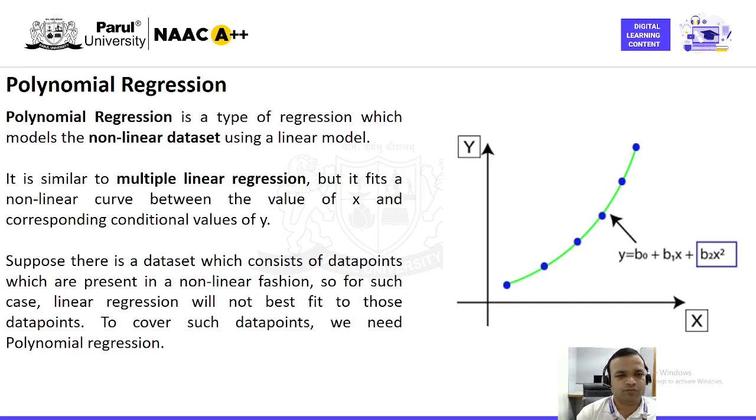Next one is polynomial regression. Polynomial regression is a type of regression which models a non-linear data set using a linear model. It is similar to multiple linear regression, but it fits a non-linear curve between the value of x and the corresponding variable y.